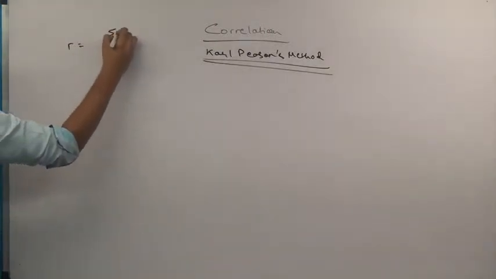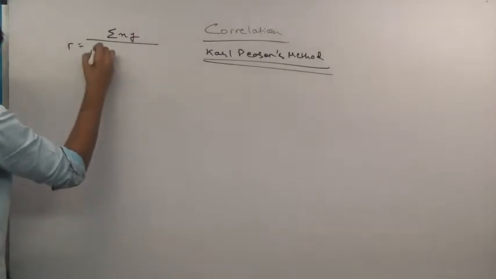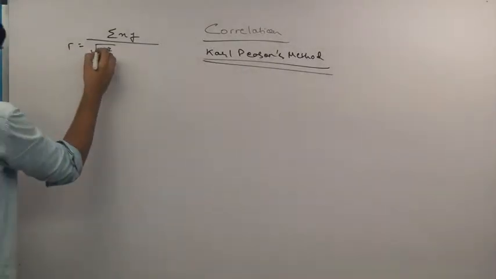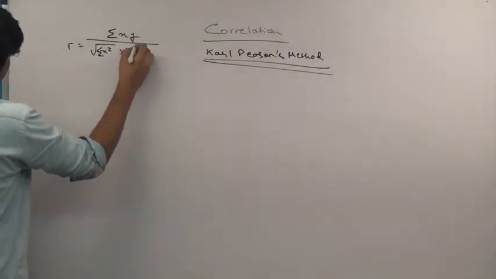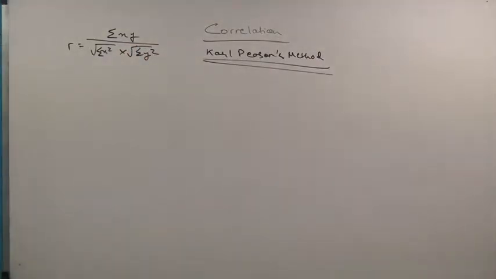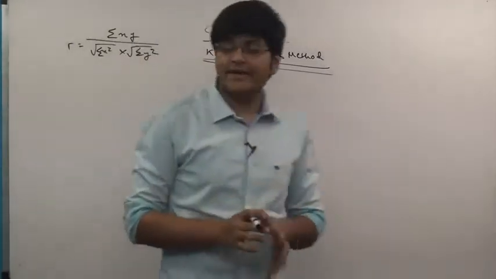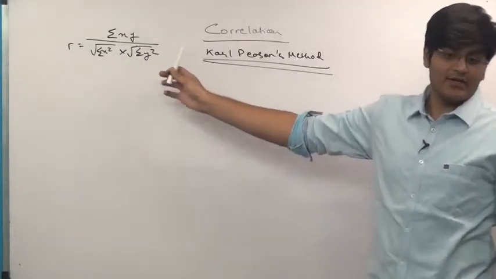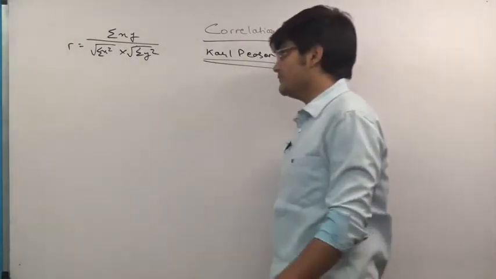R is equal to summation xy by root over summation x square into summation y square.